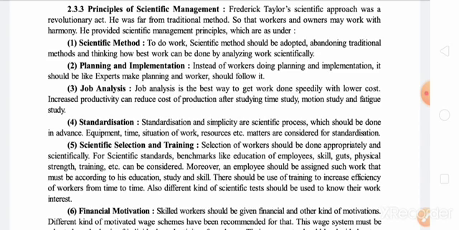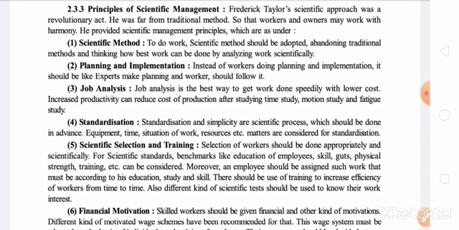Then fifth one is scientific selection and training. So in place of the old and traditional method of selection and training, where no proper sequence or proper method was followed regarding the selection of workers, now we are having a new method where scientific standards or benchmarks like education of employees, skill, guts, physical strength, training, etc. can be considered, and moreover the employee should be assigned such work that must be according to his education, study and skill.